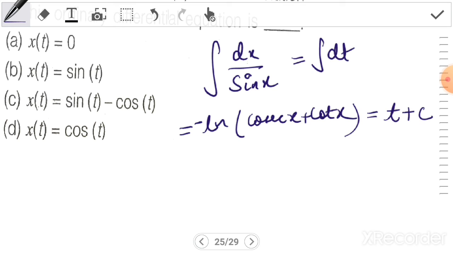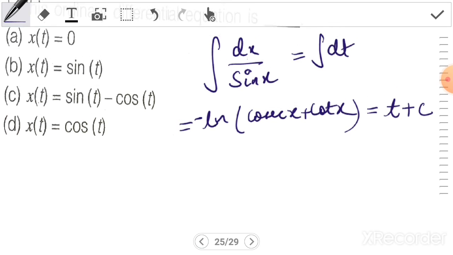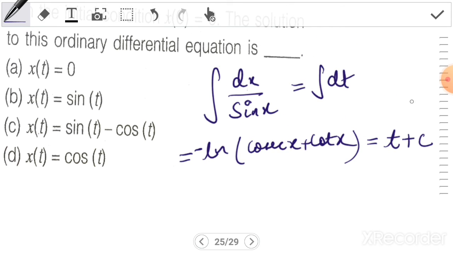Okay, say this is c dash and we took minus c here, and this makes another constant which is c1.